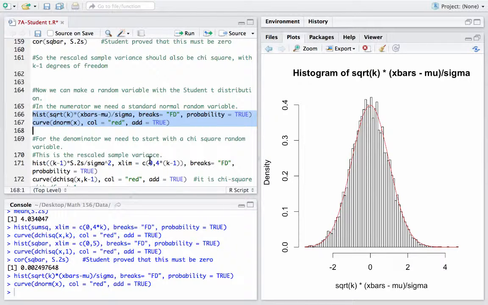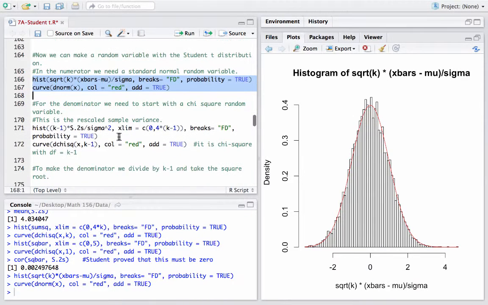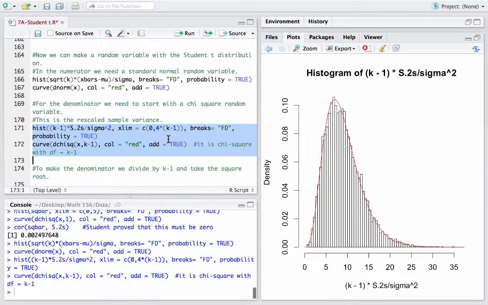So in the numerator, we have standard normal random variable because we have subtracted our expectation and divided by our standard deviation. In the denominator, we have a chi-square random variable with 9 degrees of freedom.